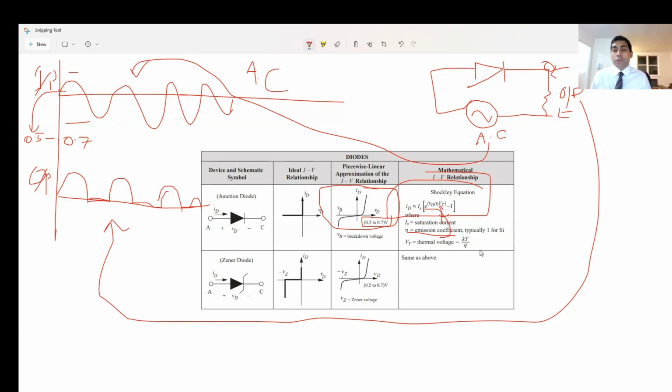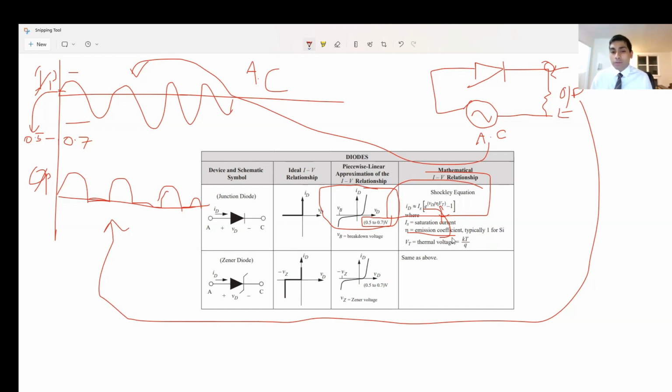We are mostly considering silicon in most cases. So unless it's some other element, in those cases they would give you the constant. So you would use that coefficient, but if not, you can use a 1 for silicon.